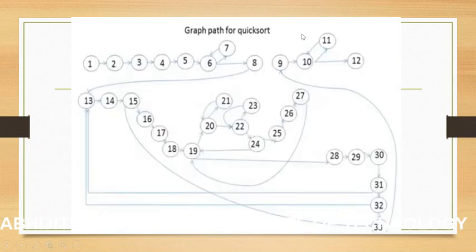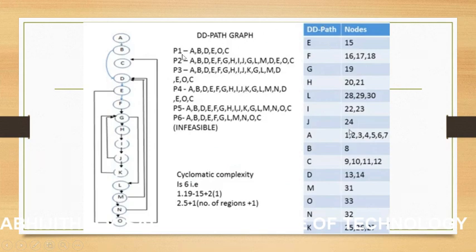C represents this part here. So it is printing an array, and this is the simple one, P1. Then we have P2, which is a complex path. It goes through all these things. Like that, we can frame six different paths.